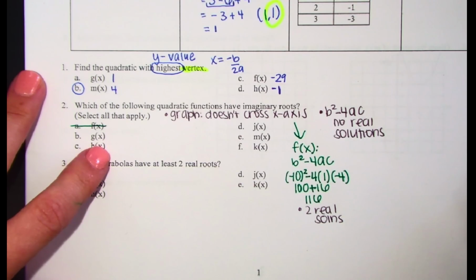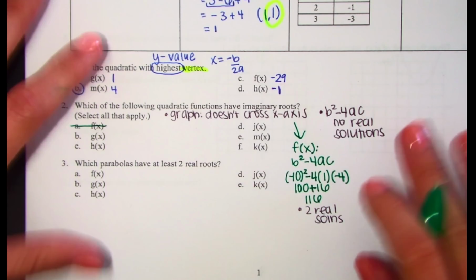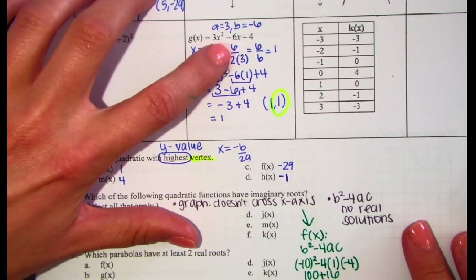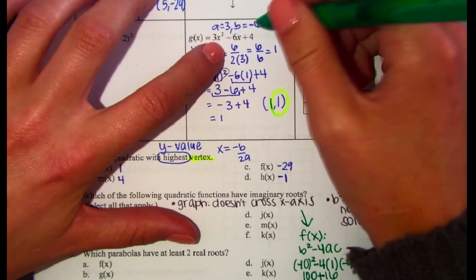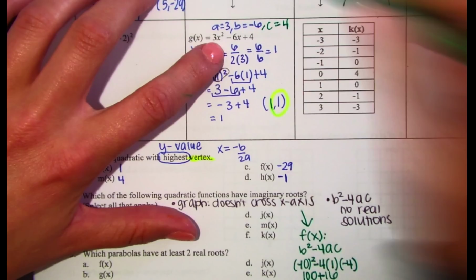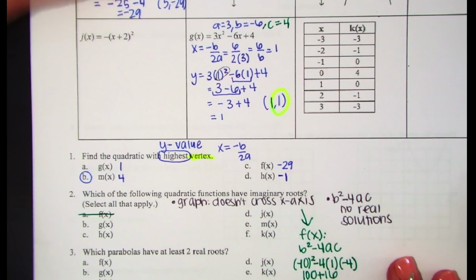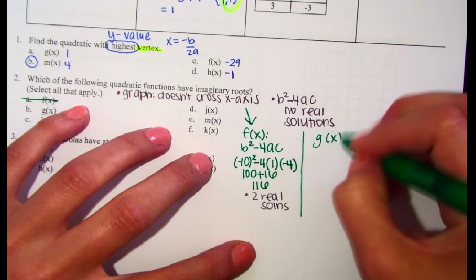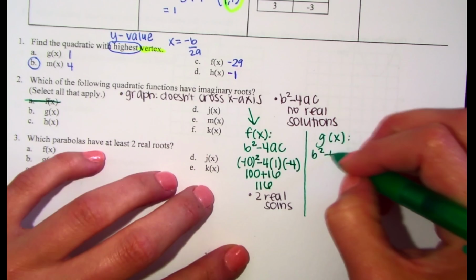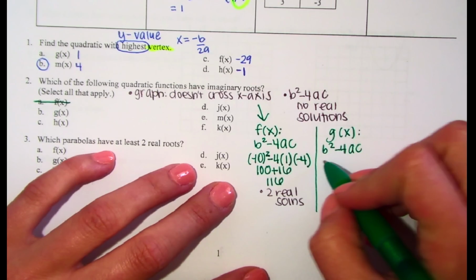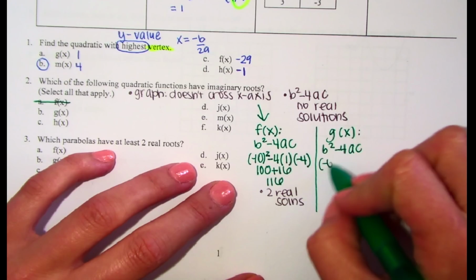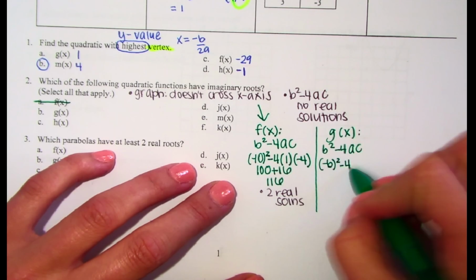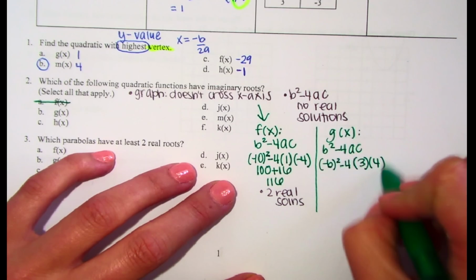So now we're going to look at g of x. G of x is this equation. So I'm going to use a is 3, b is negative 6, and c is 4 to find the discriminant. Same thing I did for f of x. So g of x, b squared minus 4ac. I have b is negative 6, so negative 6 squared, minus 4 times a times c.